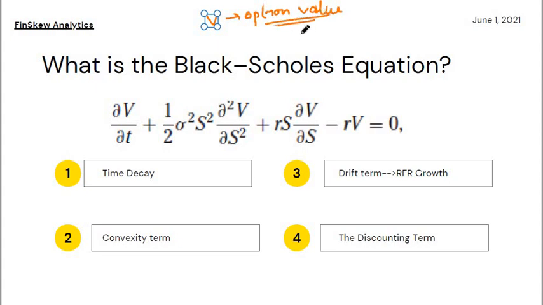It is dependent upon multiple factors, for example the spot price, the strike price, time to maturity, dividend, volatility and the risk-free rate. Am I missing anything? S, K, T, R, D, sigma, right? Yep. So these are the six factors on which the option value is dependent.